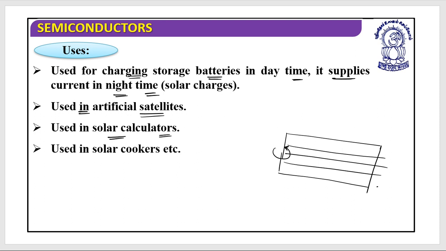They are used in solar calculators, solar cookers, and even solar water heaters are available. Certain governments provide various schemes so that people in our country start using solar energy.